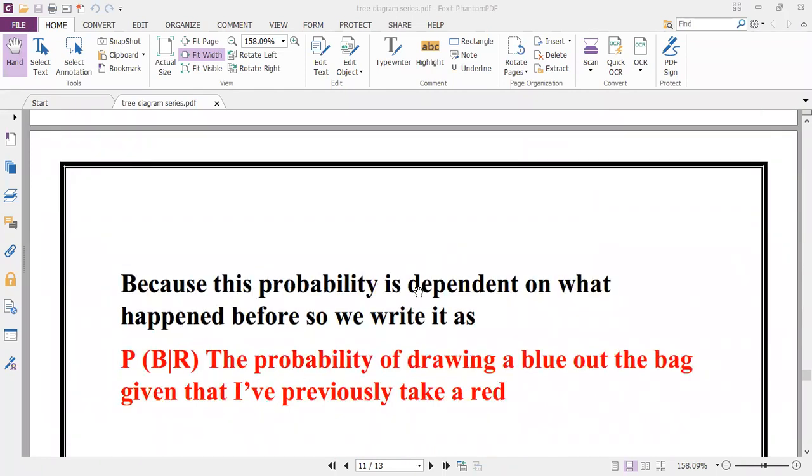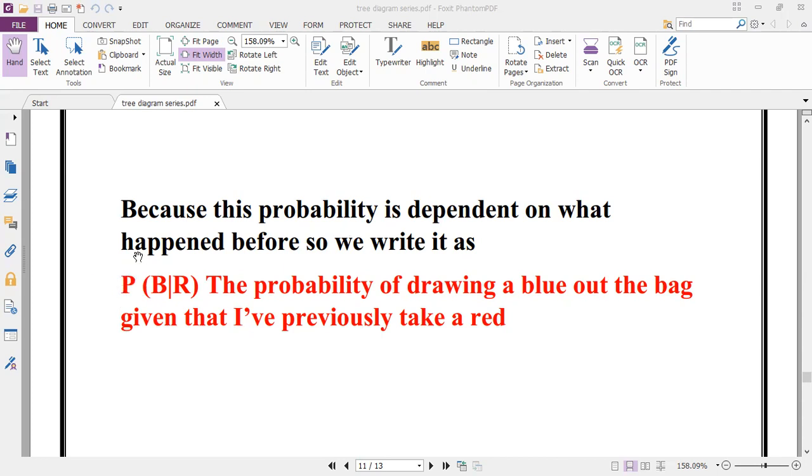Because this probability is dependent. Why? Because they depend on each other. The second outcome depends on what happened before. And don't forget this notation: P(B|R).